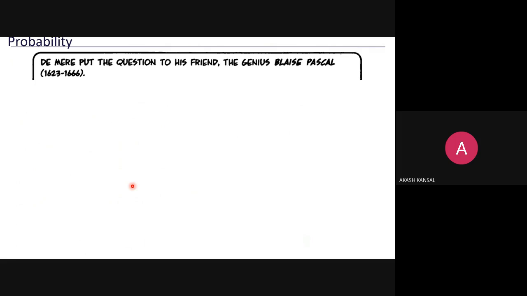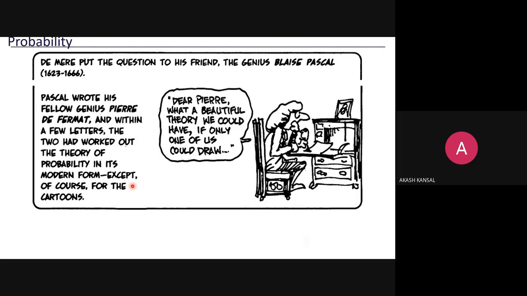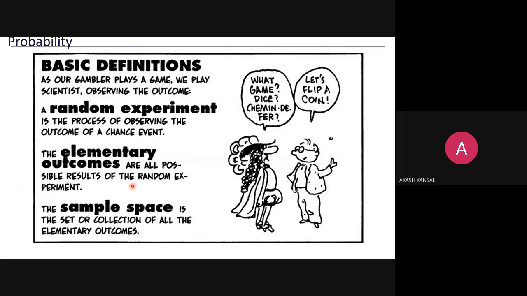He was actually too bored at that point, but he got interested in this problem somehow, and he wanted to see why it was happening. So they put forward the theory of probability, which we know in its present form. So that is the history of probability that we know.